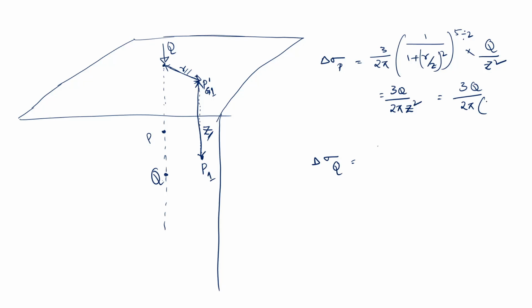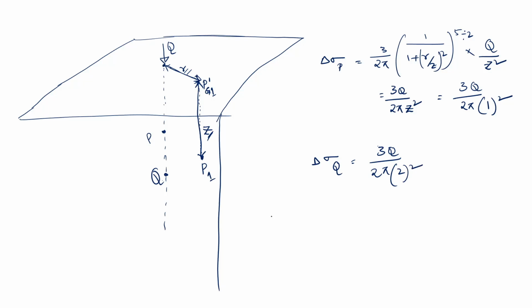So what is it at P? z is 1 square. Also Q is exactly under the point of application of the load, so that term will also become 1. Then again 3Q by 2 pi, and what is z here? 2 square.